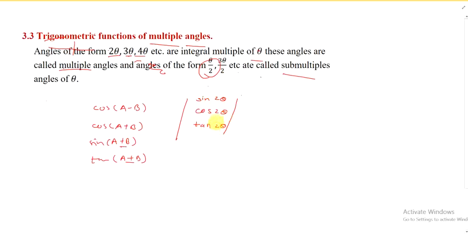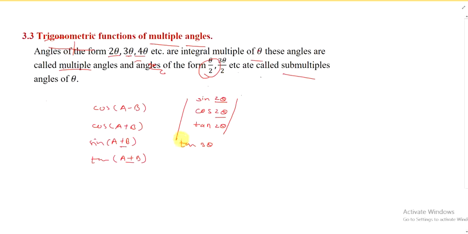And by using these results, we will have the results for theta by 2, 3 theta by 2 or 4 theta by 2 or anything, and after that we will prove the formulas for tan of 3 theta, cos of 3 theta and sin of 3 theta.